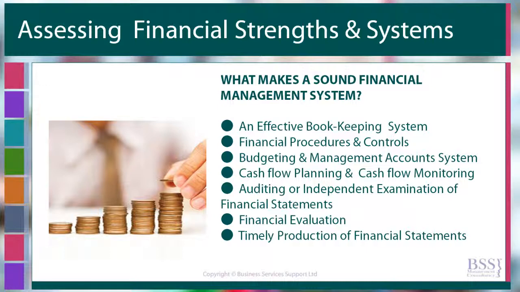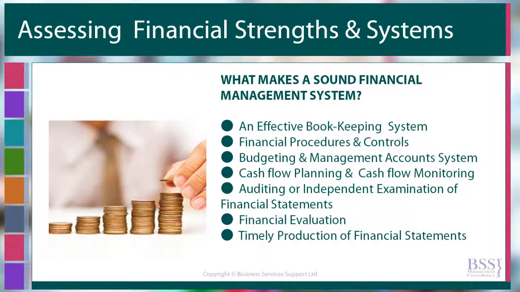What makes a sound financial management system? For financial management to be effective, the following systems must be present within an organization. A bookkeeping system to promptly and accurately record all financial transactions. Financial procedures and control systems that are known by everyone and supported by senior management officers. Budgeting and management accounting systems for effective planning and control of resources.